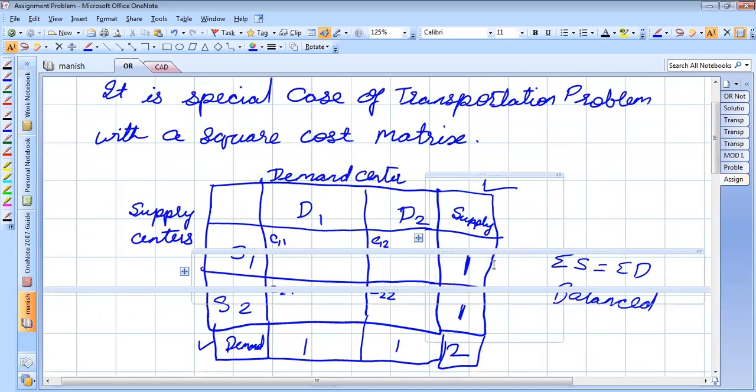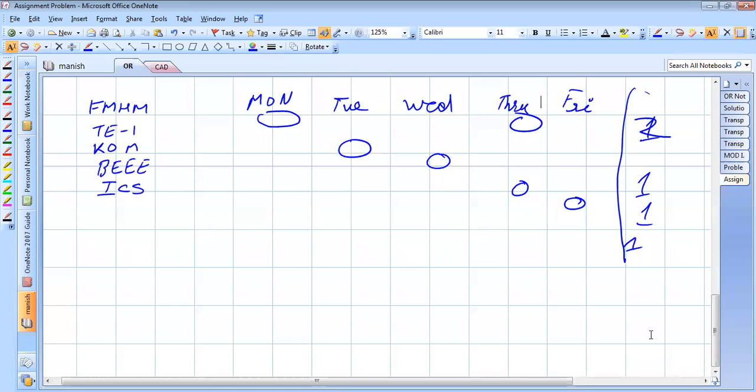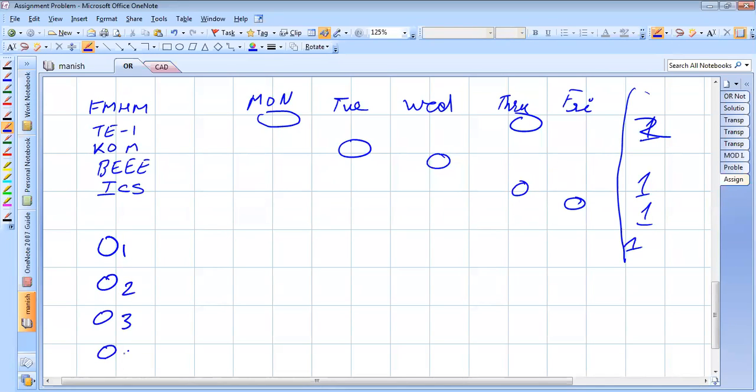The only thing is here the supply and demands are equal and is only equal to one. That is, only one resource is allocated to one machining center. Say for example, if you have 5 machining operators, say operator O1, operator O2, operator O3, operator O4, let us take 4 only, 4 operators, and you have machines, say lathe, drilling machine, then you have a milling machine, then you have a shaping machine.